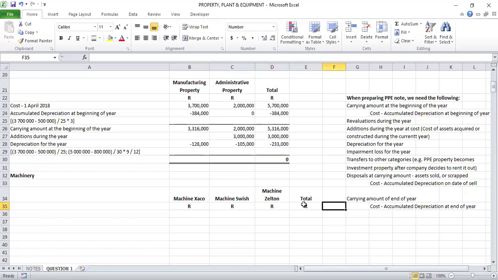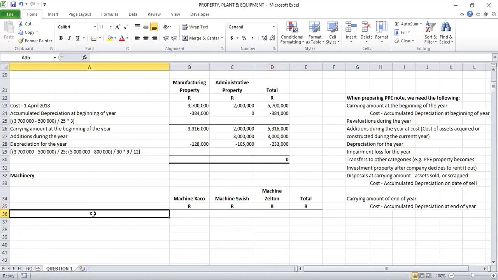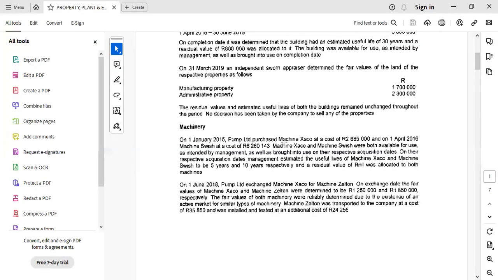We'll start with our cost on 1 April 2018. Machine Shako, the costs were given, it was 2,685,000.